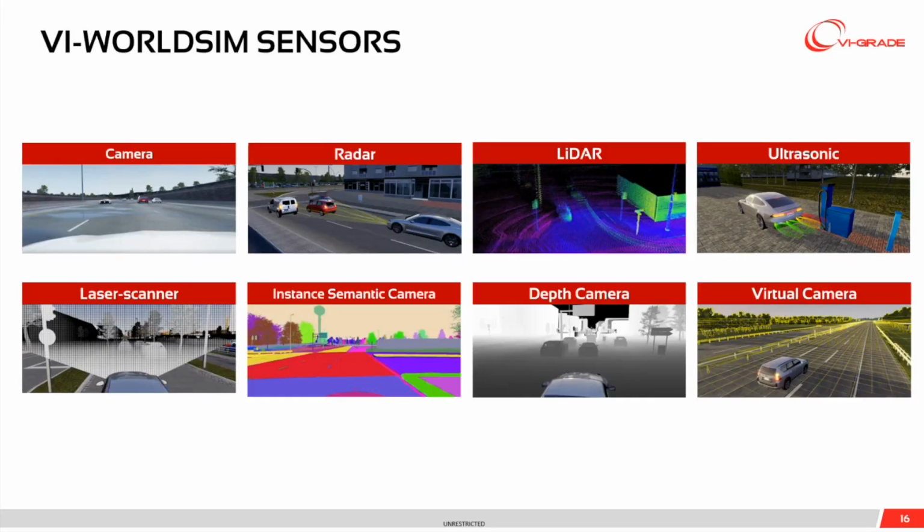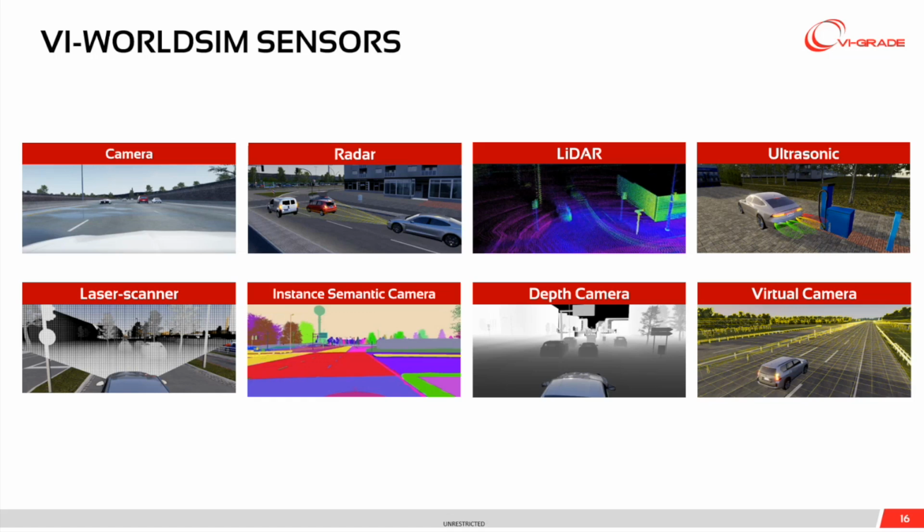WorldSim also offers sensors. We have camera sensors, radar sensors, LiDAR sensors, all virtually simulated within the simulation. We also offer what we call our virtual camera. Because we control the simulation, I can tell you all the aspects of where the items are within the simulation.